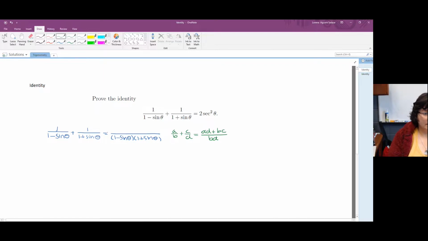Or in our case, we have 1 times 1 plus sine of theta, and then plus 1 times 1 minus sine of theta, or 1 minus sine of theta times 1, same thing. And now we have a common fraction coming from adding two fractions up.